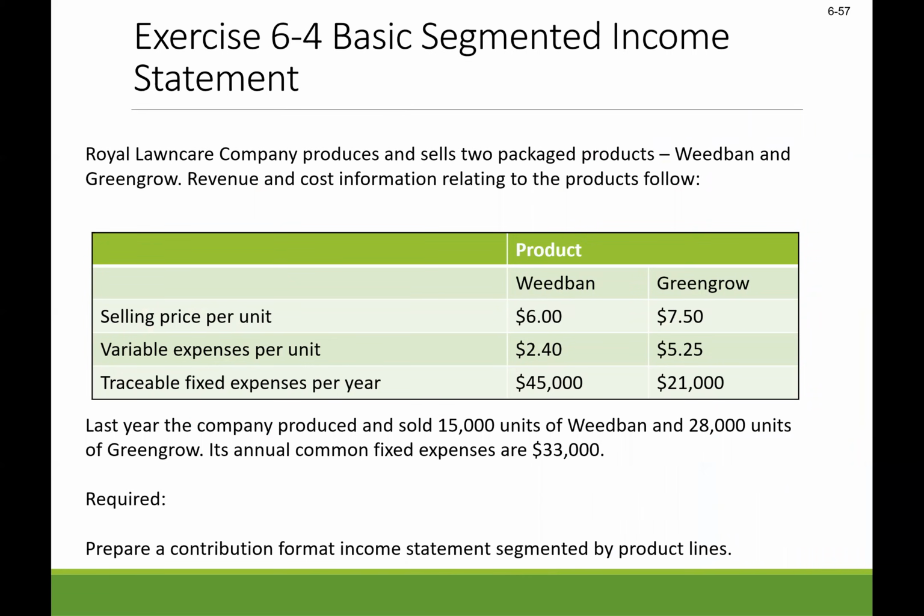Royal Lawn Care Company produces and sells 2 packaged products, Weed Ban and Green Grow. Revenue and cost information related to the products are below. Last year, the company produced and sold 15,000 units of Weed Ban and 28,000 units of Green Grow.